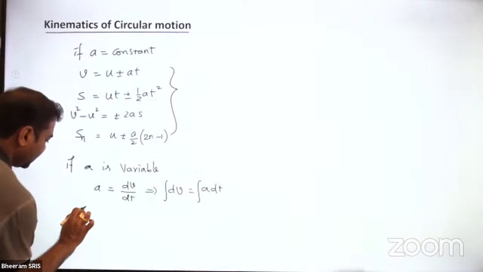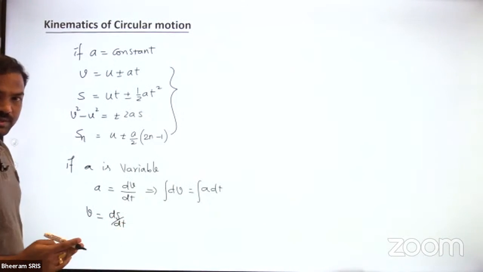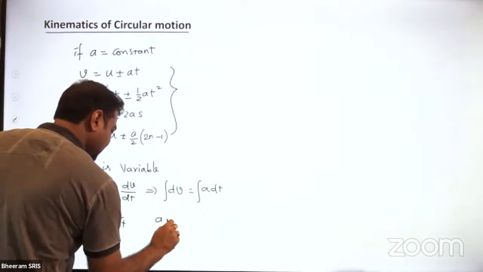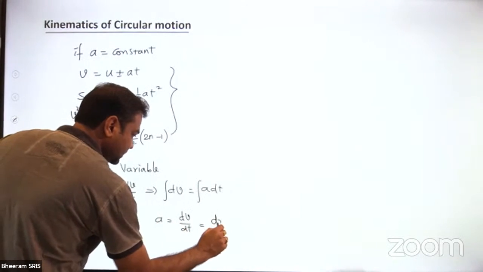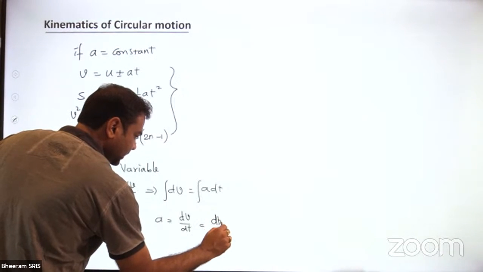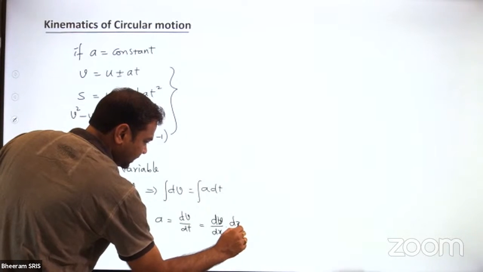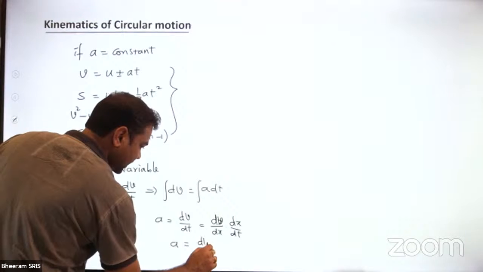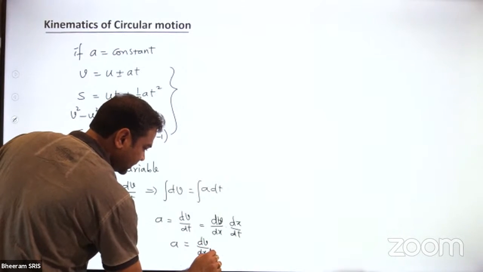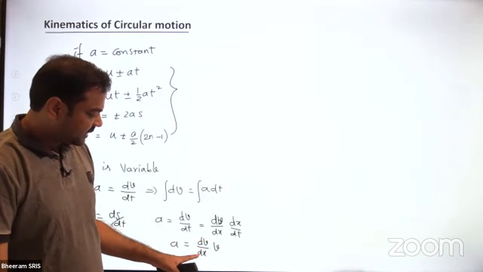So again, v can be written as ds by dt. You can find out the displacement, or acceleration we can write down as dv by dt. This can be written as dv by dx into dx by dt. So then I can write down a is equal to v dv by dx. So acceleration can be written in terms of v and x.